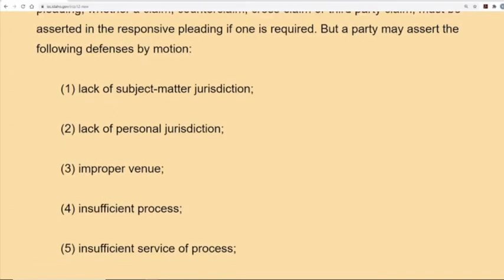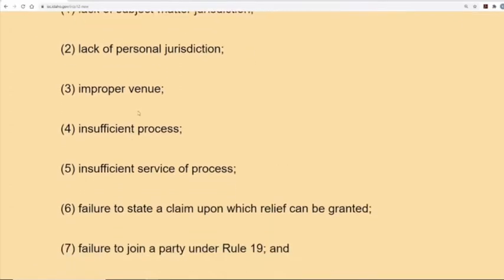Lack of subject matter jurisdiction, lack of personal jurisdiction, improper venue, which is actually, they changed, that's that word salad, but improper venue meaning wrong jurisdiction, the wrong district. Insufficient process, insufficient service of process.